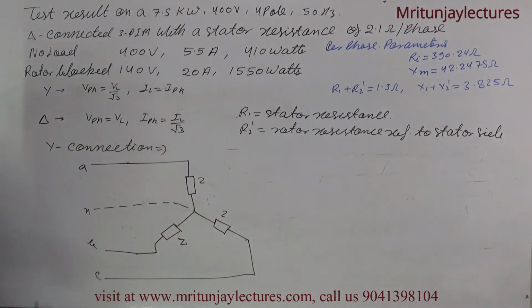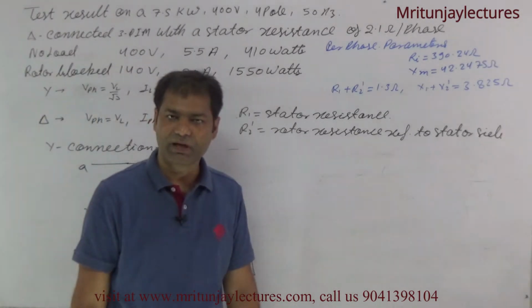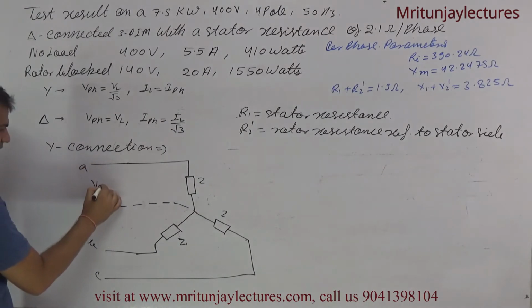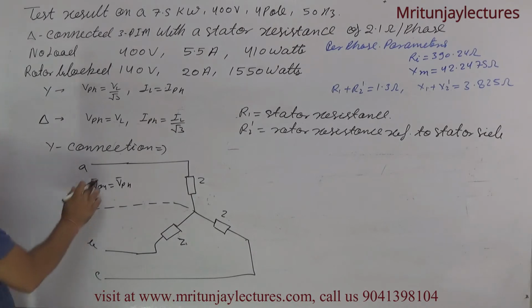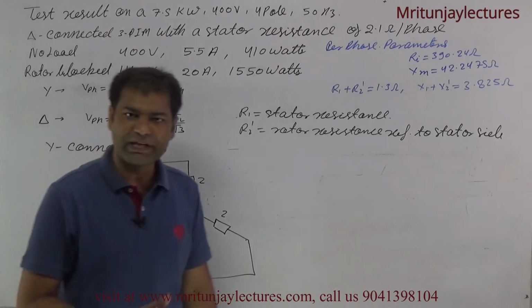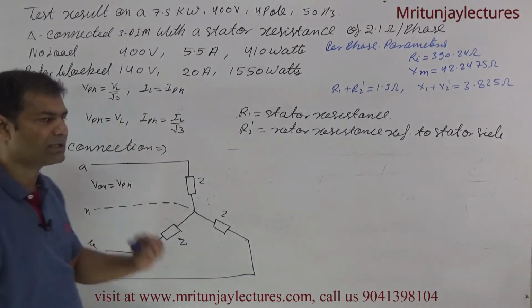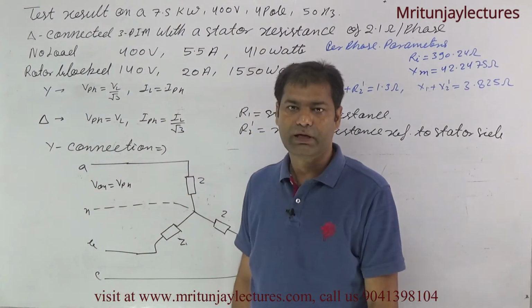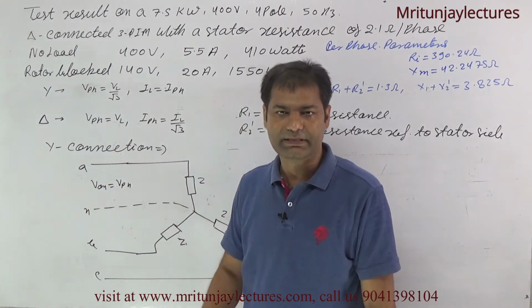The voltage between A and B is the line voltage, and V of AN is equal to VPH. Clear? AN is equal to VPH in magnitude. Phase voltage is defined between neutral and phase. Clear?